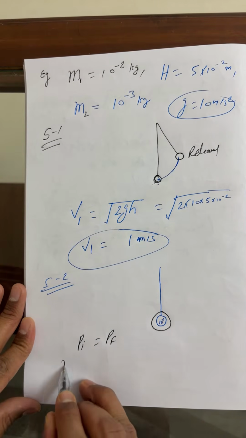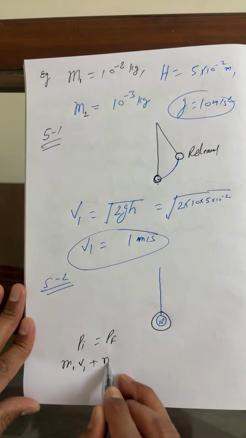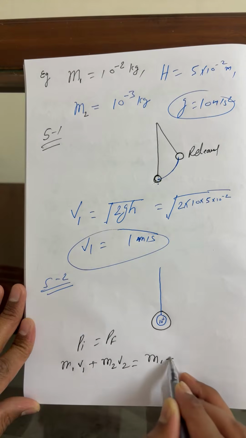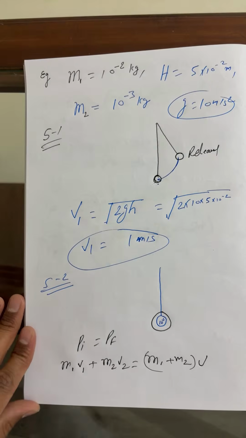Momentum initial is m1 v1 plus m2 v2. Both masses will move together, so it is m1 plus m2 into v; we have to find the combined velocity.